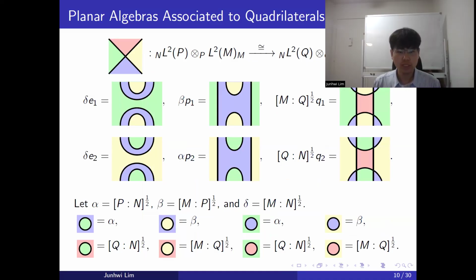This way we get the diagrams for the Jones projections Ei, Pi, and Qi. And just like before, when composing the diagrams creates loops, we just replace them with scalars. But now the scalars depend on the type of the colorings. So we have some relations for the planar algebras associated to quadrilateral inclusions.